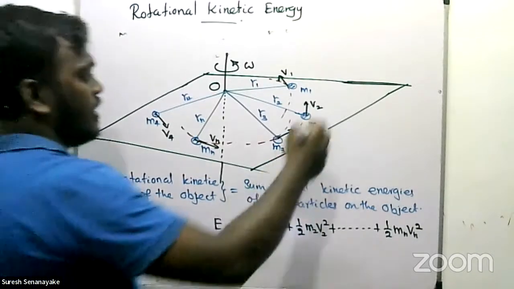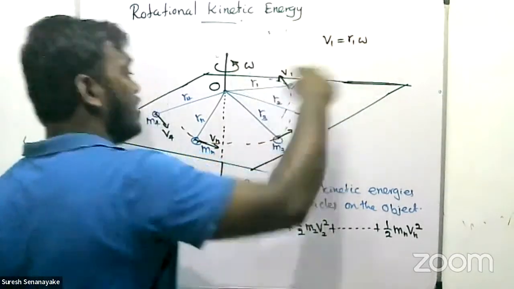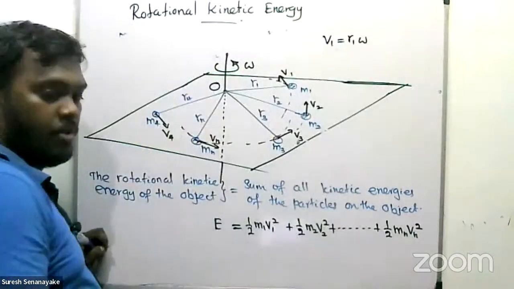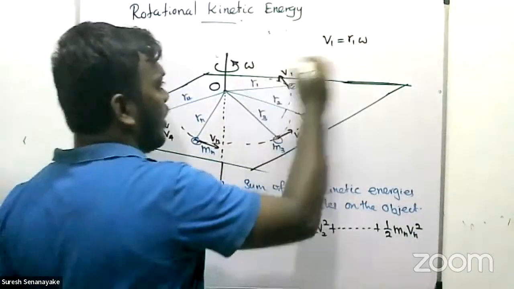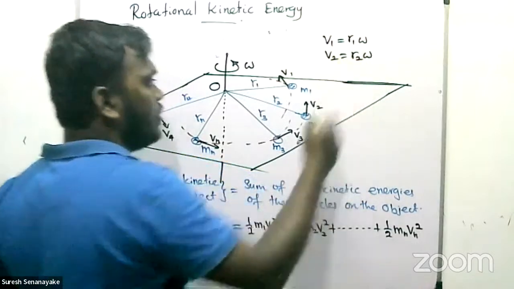But we know that the tangential velocity v1 equals r1 omega. Omega is the same for all because it's the same body rotating. And v2 you can write as r2 omega, and so on.